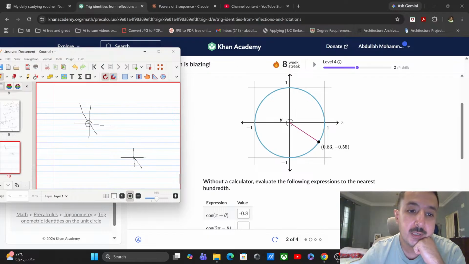So it's here again, minus the theta, which is going to give me back again, because it's the theta.